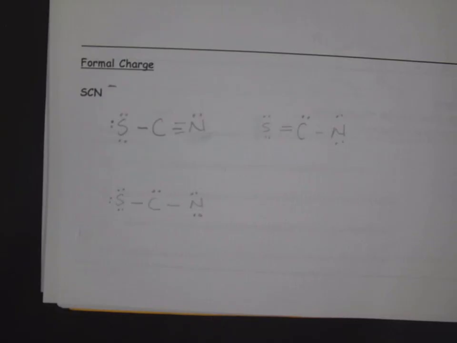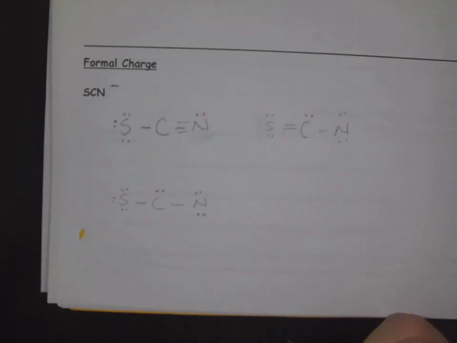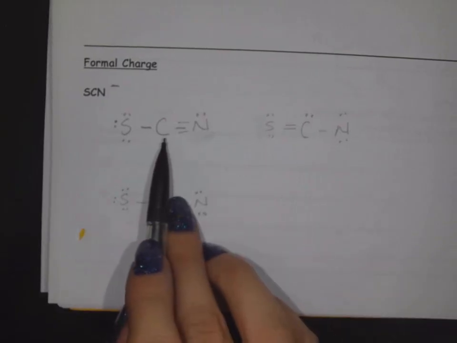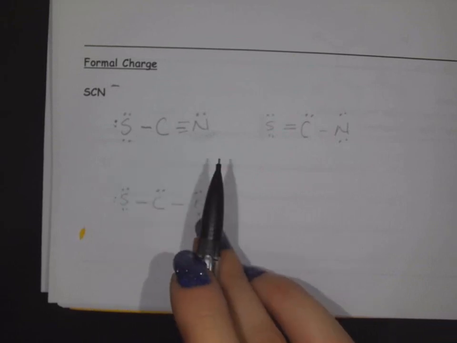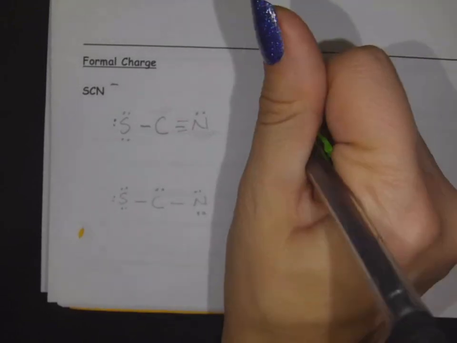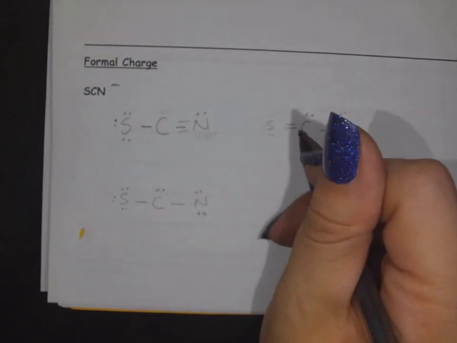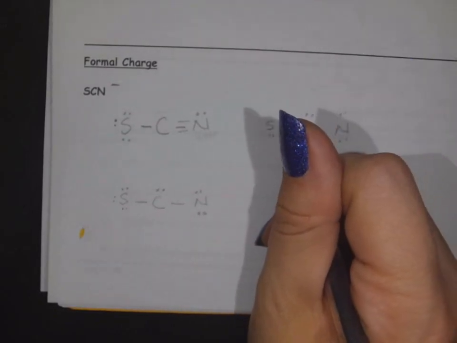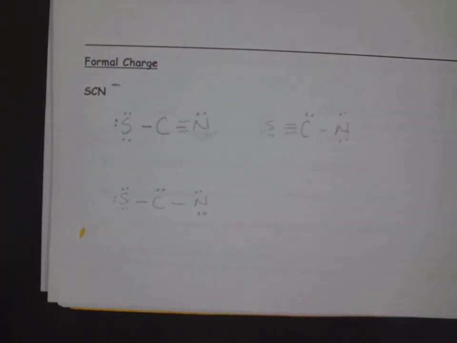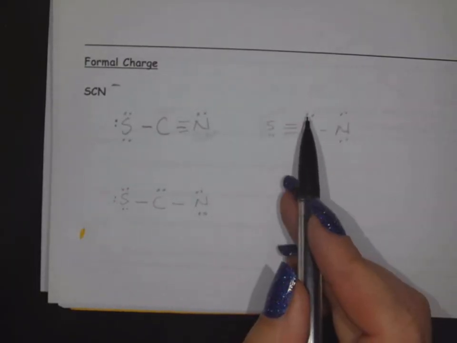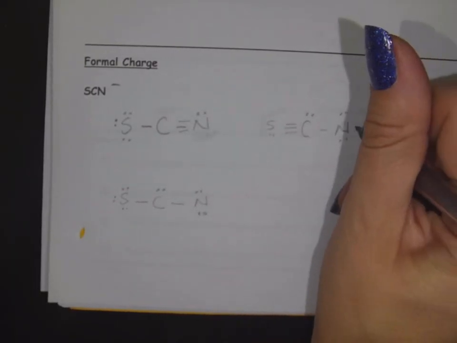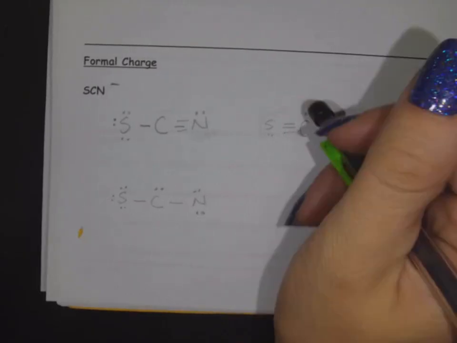We can sit and play with this, but we're going to end up flipping this around, where we're going to have a lone pair that's going to become a bonded pair. And then this lone pair is going to move over there.